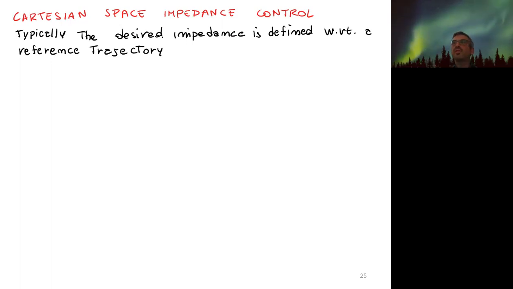Typically, we define a reference trajectory for the impedance controller that can be constant in space, or time varying, moving around.